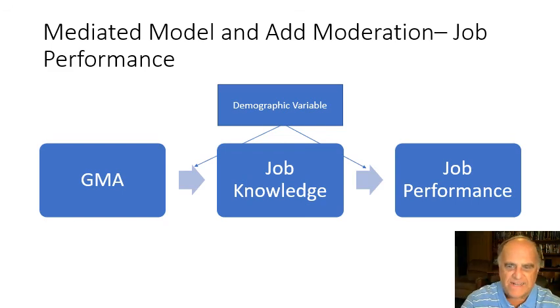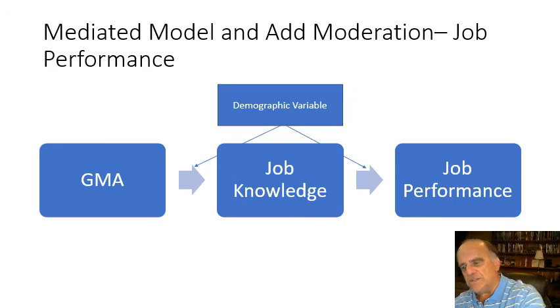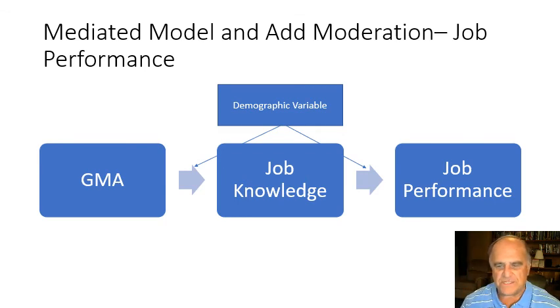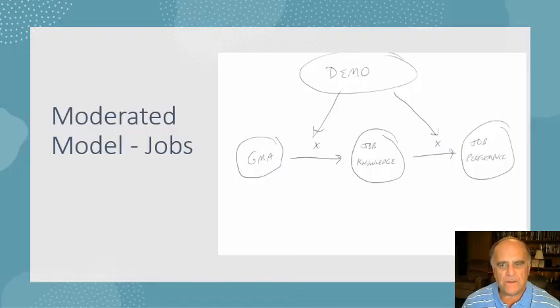It's interacting or moderating both relationships. So the demographic variable can be moderating the relationship between general mental ability and job knowledge, and also the relationship between job knowledge and job performance. And so this is a model that has both mediation and moderation. Here I've tried to draw it out, though I'm not very good at drawing, with X's to indicate where the interaction occurs.